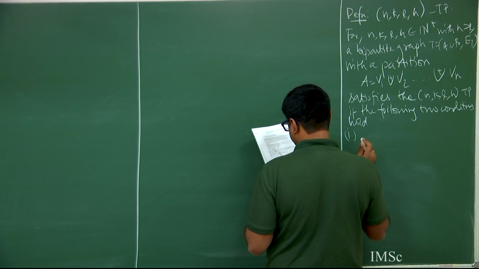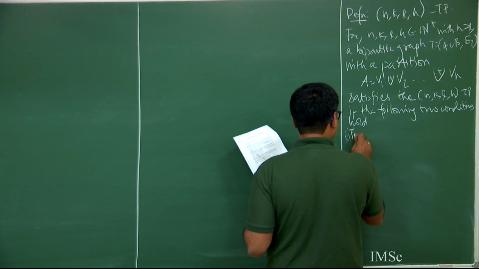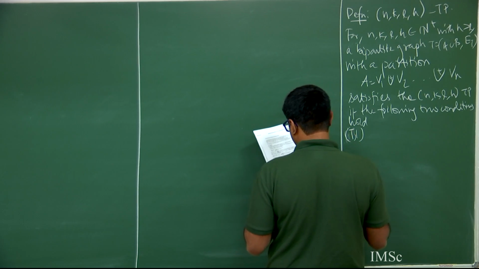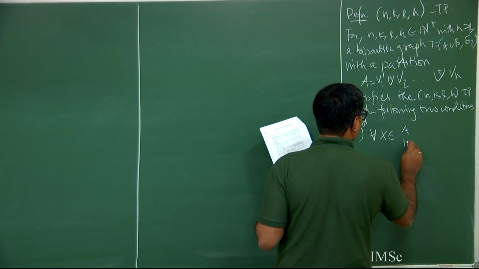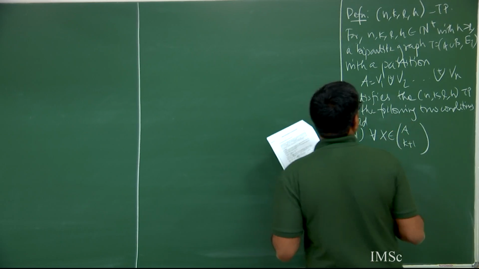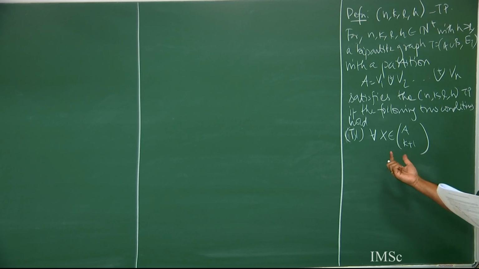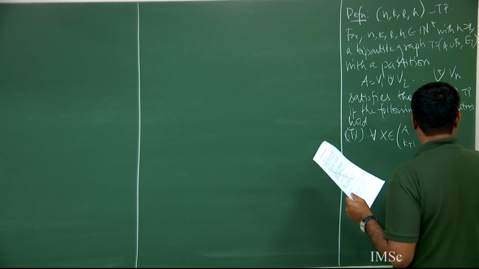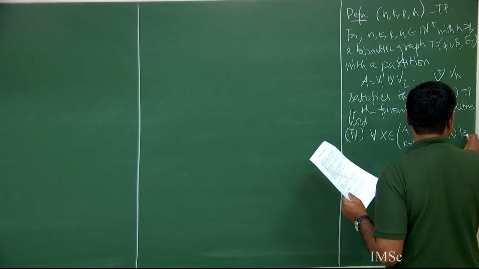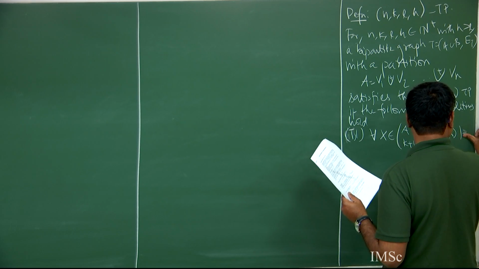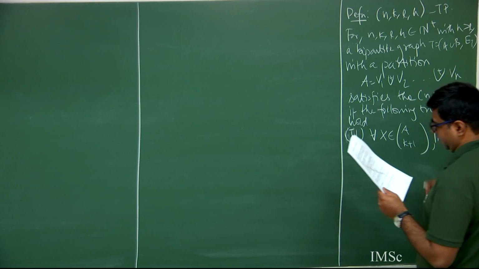What was the first condition, which we called T1? For all x in A choose k plus 1, meaning you take any subset of size k plus 1, then the common neighborhood gamma of x is at most l.